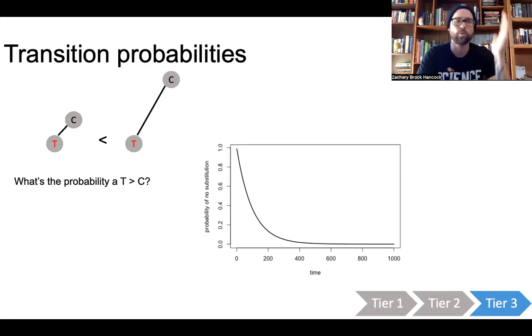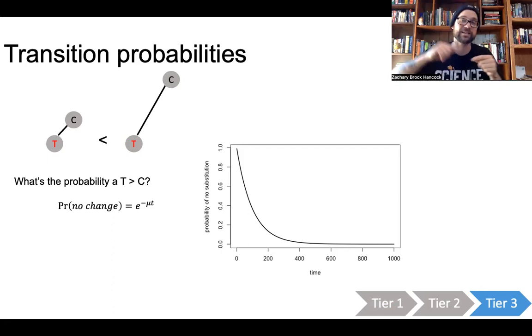So let's ask, what's the probability that a T ancestrally changed to a C? Given that we expect this is roughly approximated by a Poisson process, we can ask, what's the probability of there being no change at all? That's just equal to Euler's number, e raised to the negative mu T, where mu is the substitution rate and T is the amount of time separating them. I've plotted this over here: the probability of no substitution on the y and time on the x.